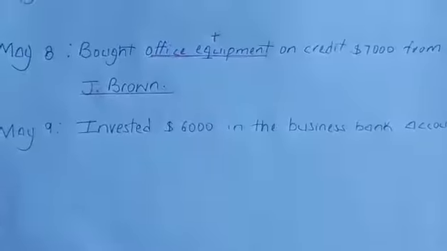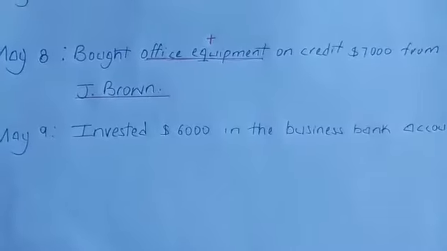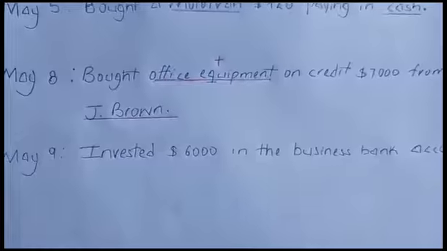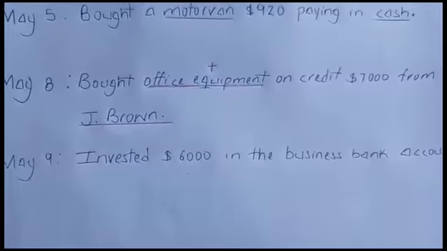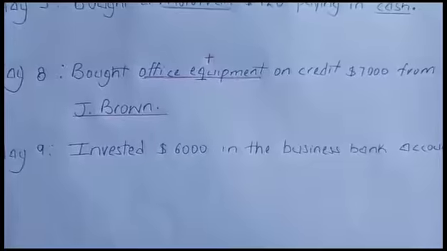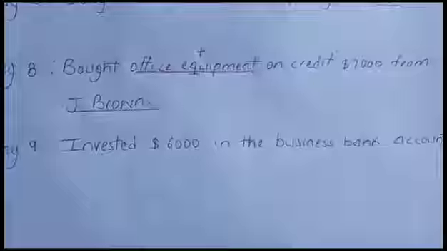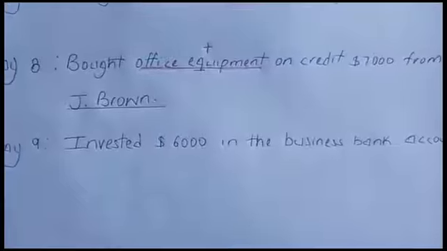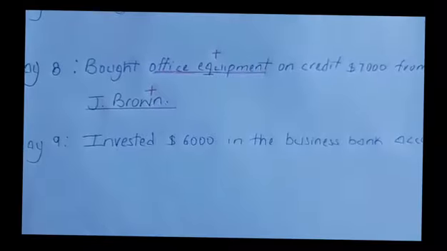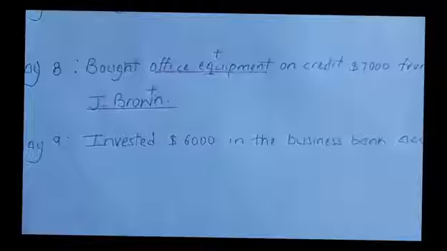So that's a liability right there for the business, because the business owes J. Brown. And if J. Brown is a liability to the business and the business owes J. Brown, this simply means that the business's account with J. Brown would be increasing. So in order to say how these two will be treated, we need to say if they are assets, liability, or capital.